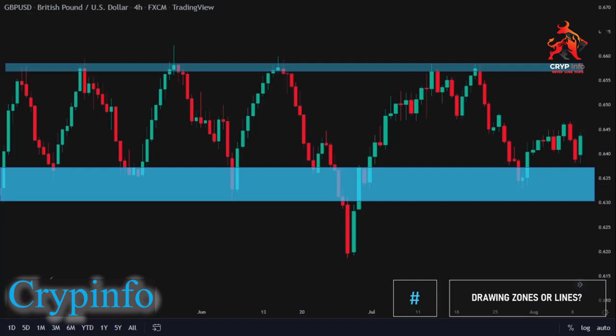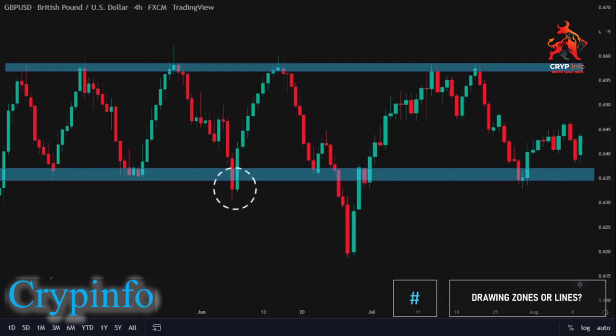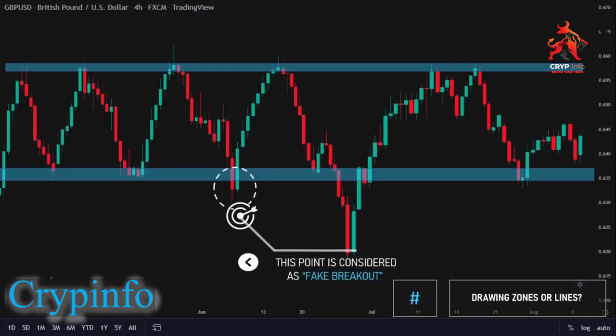And it gets worse as you use more time frames. So instead, we decided to draw in a smaller zone like this, which touches most of the candle bodies, wicks, and points. And this point here is considered a fake breakout, a topic that we will cover in detail in the next episodes.